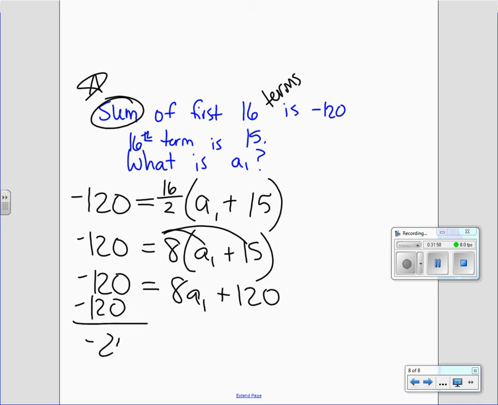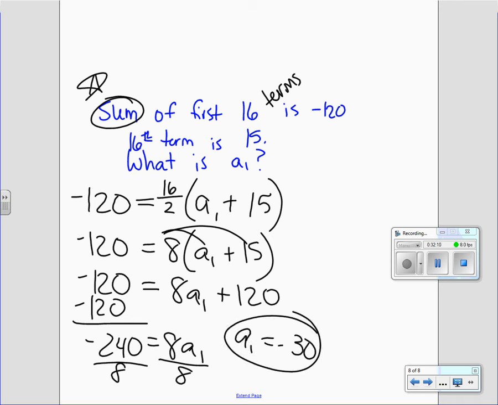Minus 120. And then what do you do last? Divide. So that gives you negative 30. Okay, so that one's a little different than the other one we did. So I just wanted to show you one of those to help you. Okay.